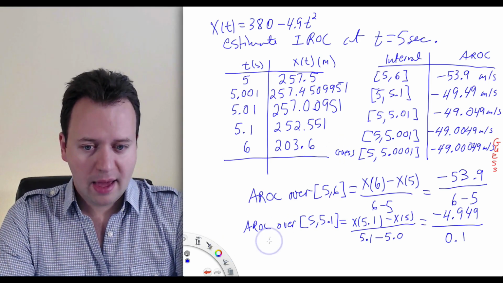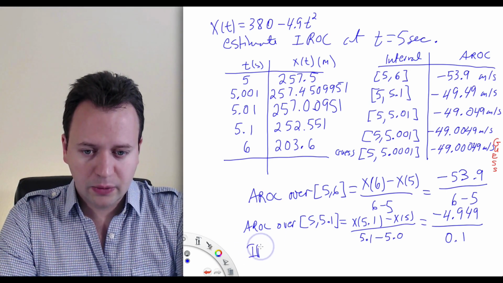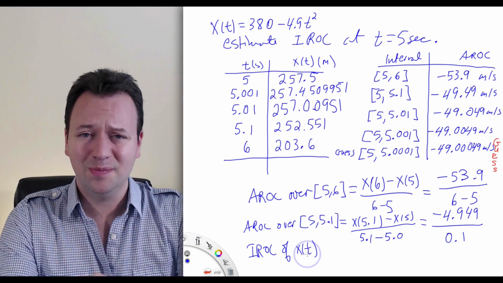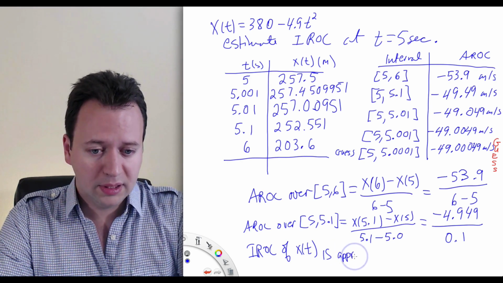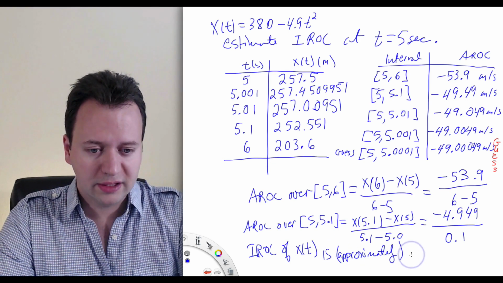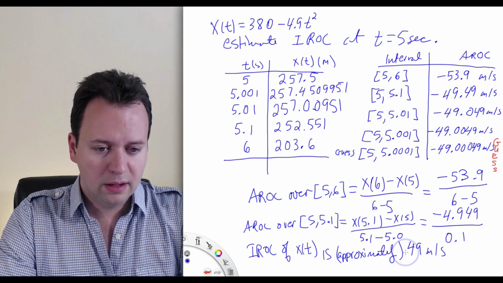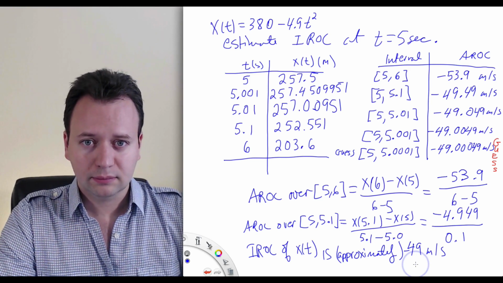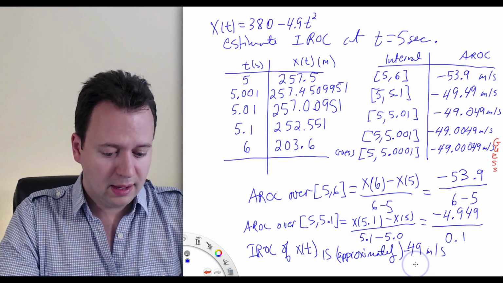So by just looking at the pattern, we can say that the instantaneous rate of change of the height, so this would be the instantaneous speed at that moment in time, is approximately, I believe this is actually exact, but since we only have a series of approximations, we have to say it's approximately 49 meters per second, with a negative sign indicating that the height is decreasing. In fact, this is at 5 seconds. Yeah, it's going to be exactly.